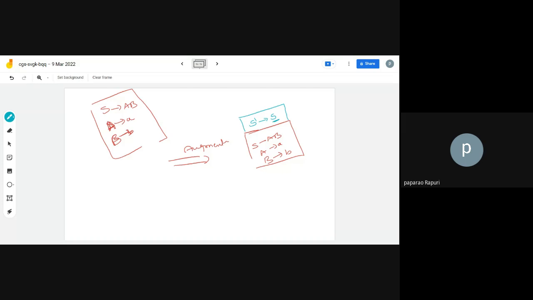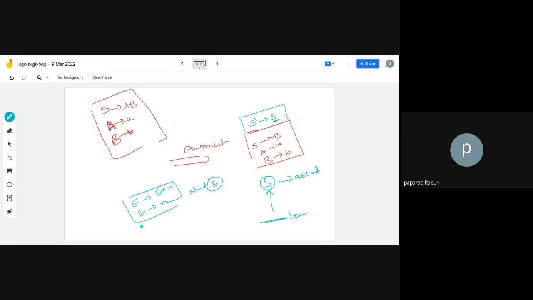Sir, why are we adding a new symbol? In some cases, the grammar may look like this: E derives E plus N and E derives N. Here the start symbol is E. Suppose in bottom-up parsing, we start from the leaves and move to the start symbol, that is accepted.